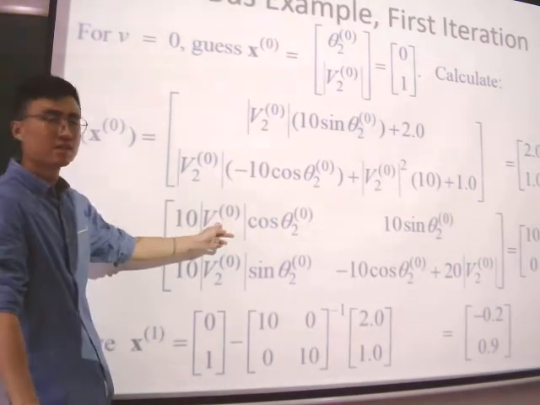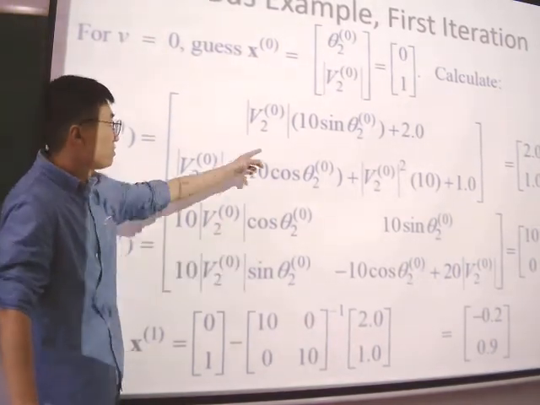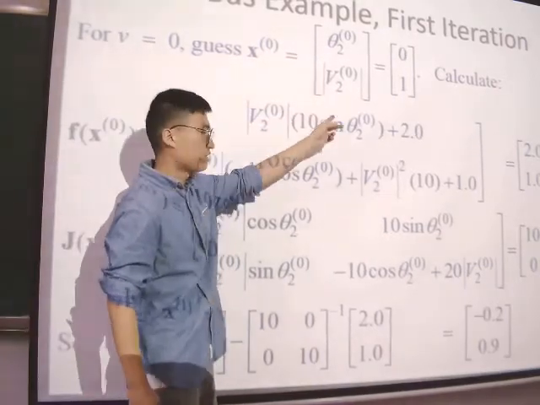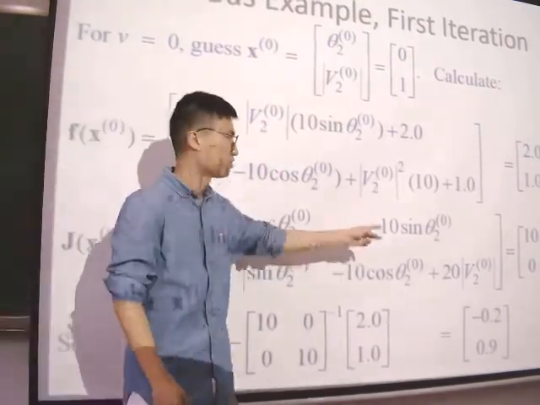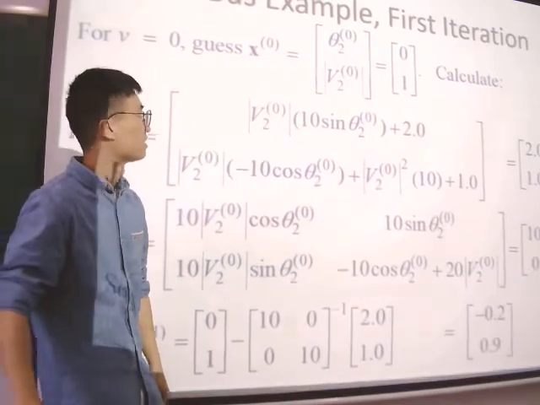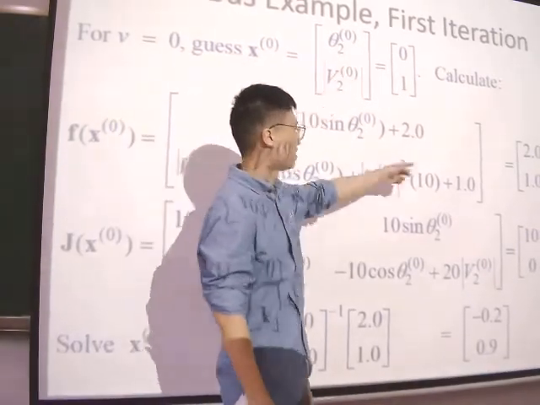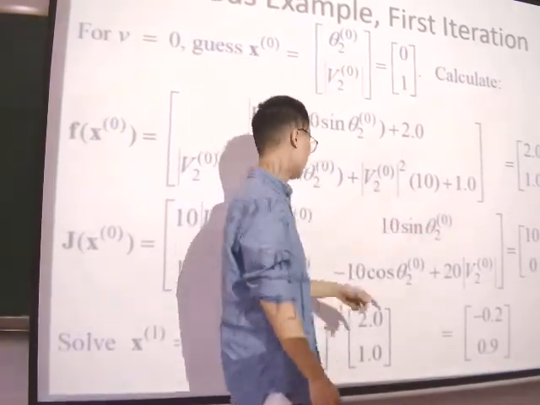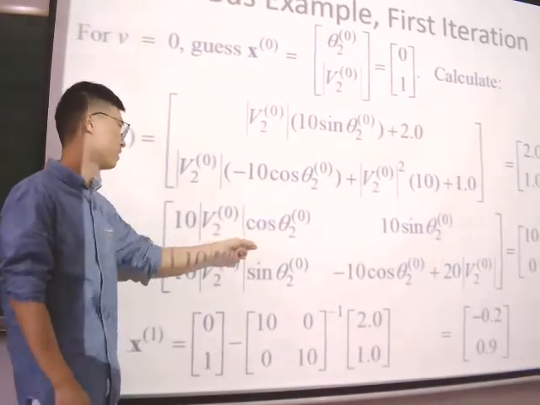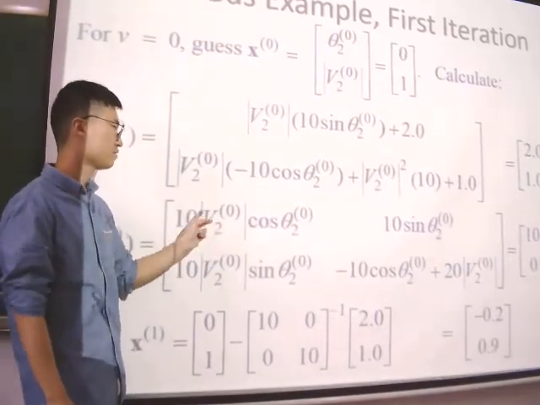For this Jacobi, we need to use the initial guess: theta is 0, V is 1.